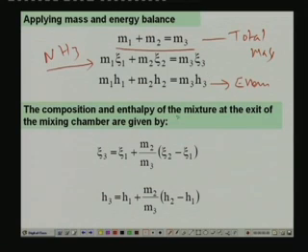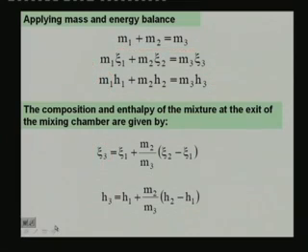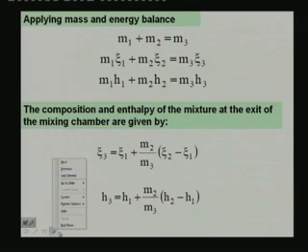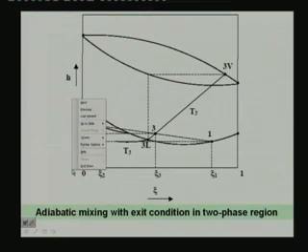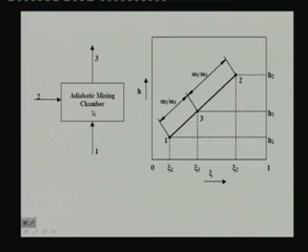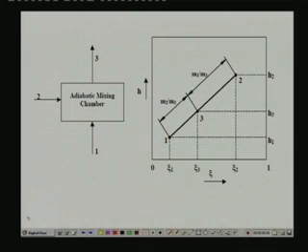So, for the composition and enthalpy of the mixture at the exit of the mixing chamber, using these equations and eliminating m3, you can easily show that the mixture composition is given by this and the enthalpy is given by this simple equation. From that you can easily show that for this mixture condition, these distances are m2 by m3 and m1 by m3.